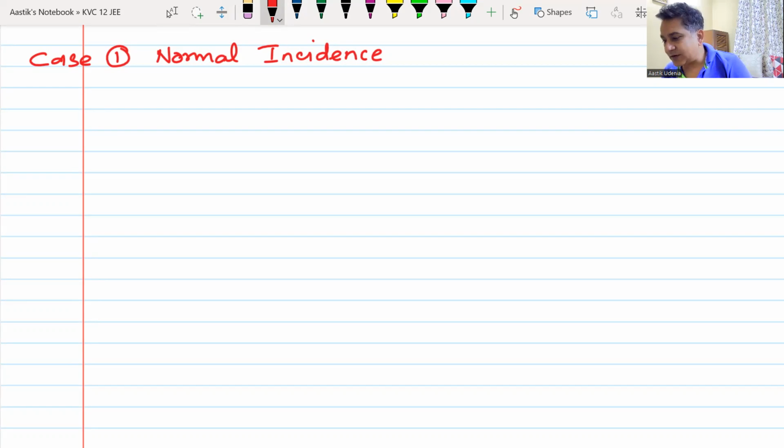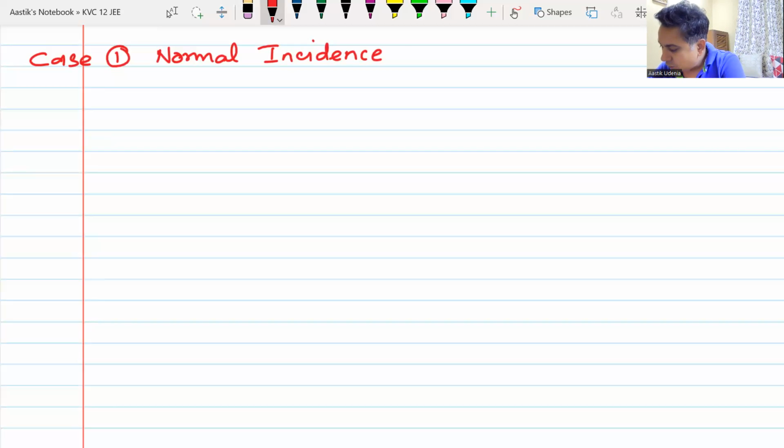Everyone, do we understand what I'm saying? If the ray is incident normally and coming out from the other side, and I reverse that ray, it becomes a case of normal emergence.